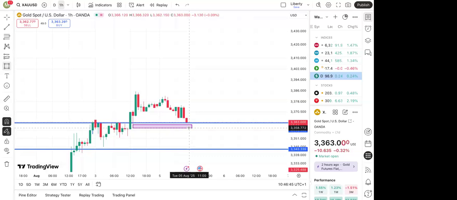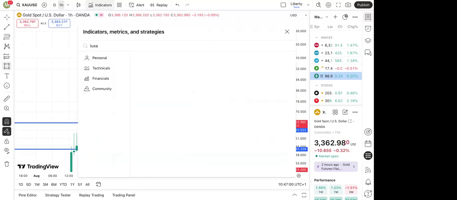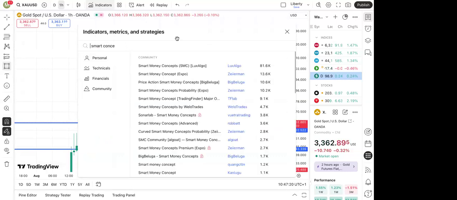And at this point, we also want to introduce some other indicators to help us. At this point, I'll be introducing the Lux Algo Smart Concepts SMC indicator.